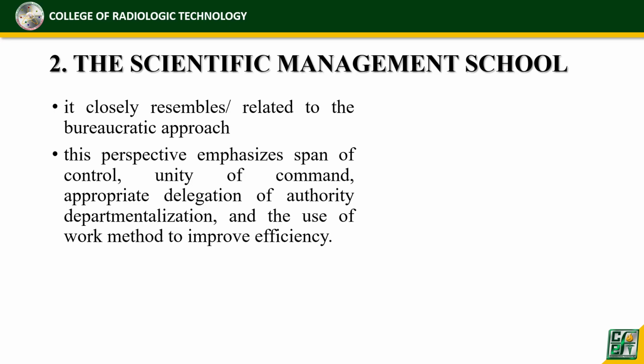So, this machine can, let's say, produce 100 products for 4 hours. Eh yung 75 workers can produce 100 products for 8 hours. So, madodoble niya yung output, yung products. And therefore, magiging mas efficient yung machine with 10 workers only. At scientific management school perspective yun.